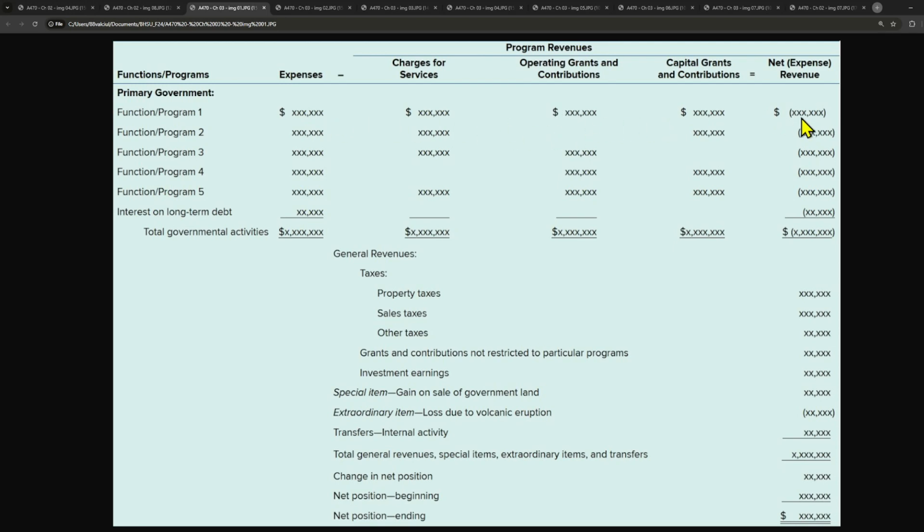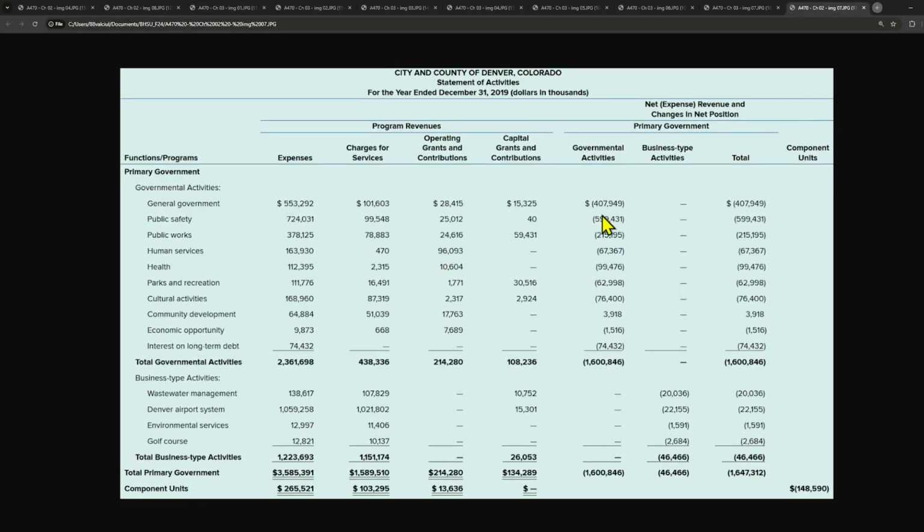And so you'll see that a lot of times, let's see if I have it here. Here's the one from the city of Denver, city and county of Denver. Again, you see expenses, charges for services, operating grants, capital grants, and listed the same way. But you notice that almost all of these are negative, meaning the revenues do not cover the expenses, only in one small situation, community development.